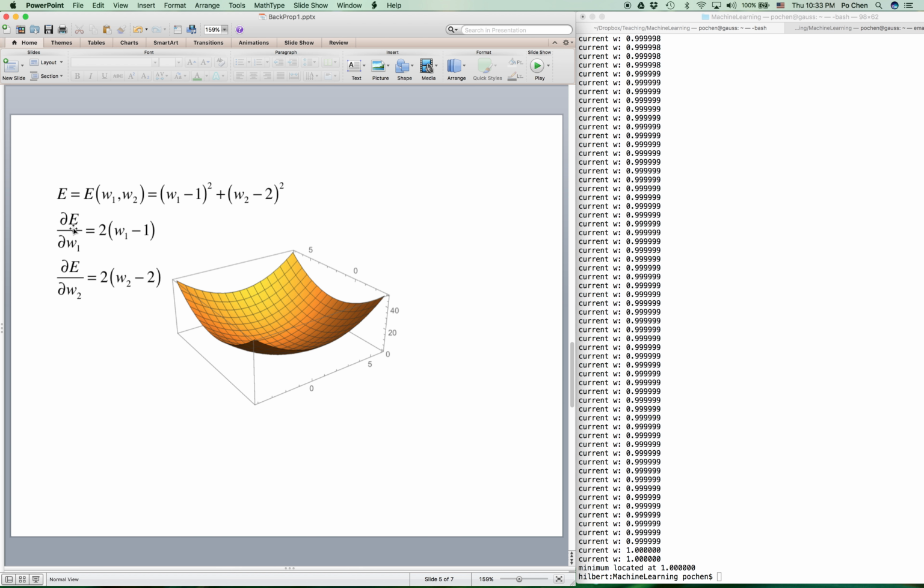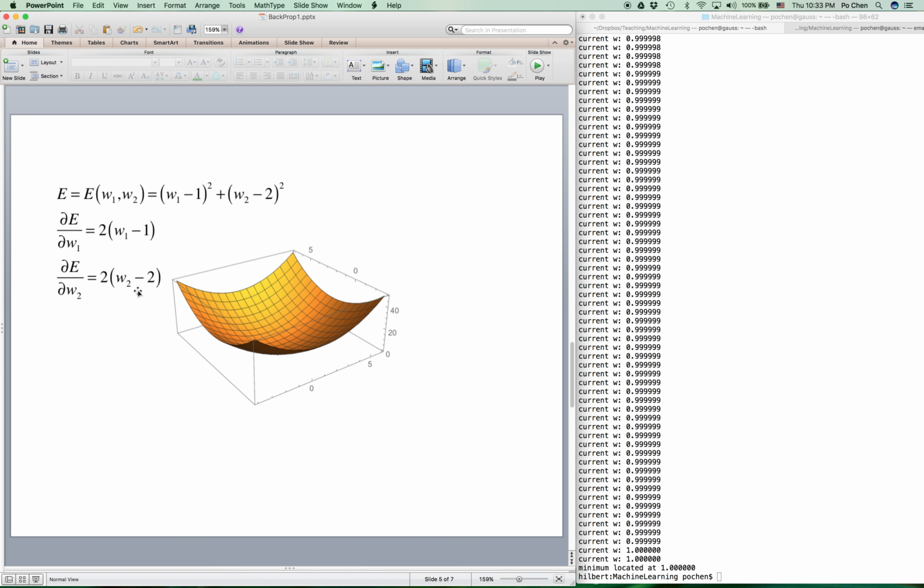Both partial derivatives with respect to W1 and W2 can be easily computed for this very simple example. Partial E partial W1 is just 2 times (W1 - 1), and partial E partial W2 is 2 times (W2 - 2).